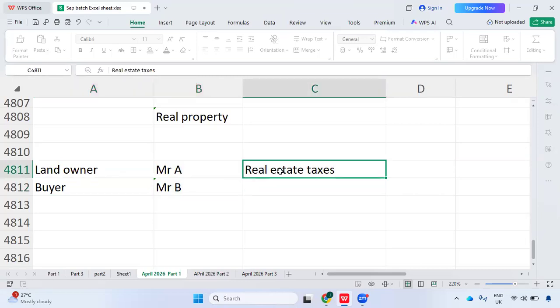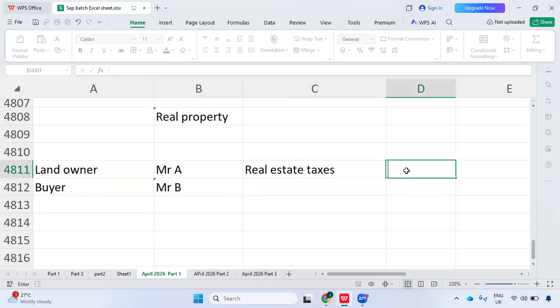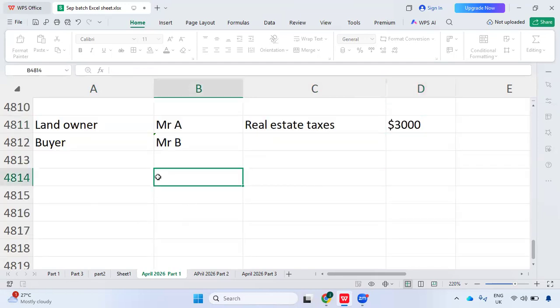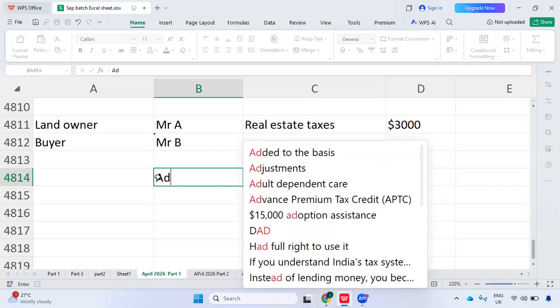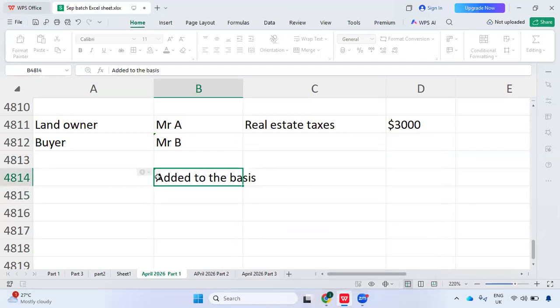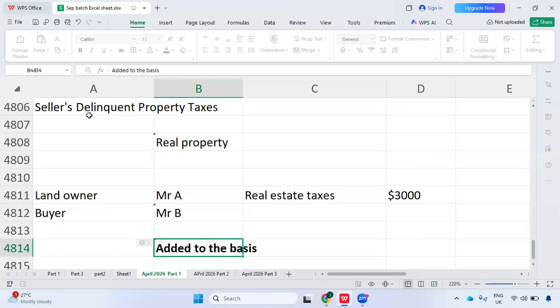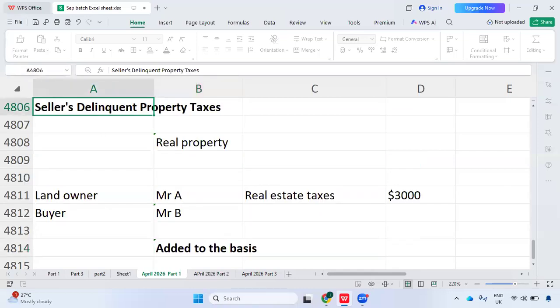Let's say the seller owes around $3,000, which is property taxes. In this case, the buyer paid the amount, so this $3,000 will be added to the basis. So the seller's delinquent property taxes generally will be added to the basis, right?